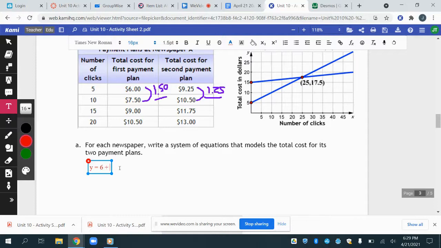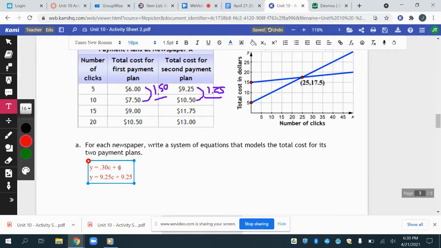If it takes 5 clicks to make $1.50, that would be dividing, it would be 30 cents per click. I'm going to put the 6 over here just for the record. The bottom one is they charge $9.25. You know what? I did this wrong, but we'll talk about what's wrong with it in a moment. I have to change this guy right here, plus $9.25.